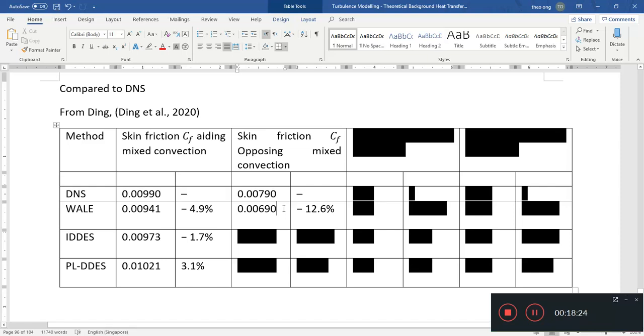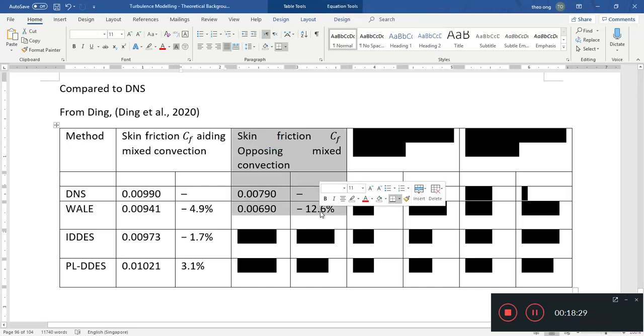This is a standard LES mesh, but when you have opposing mixed convection, you will have a lot of extra turbulence in the boundary layer.